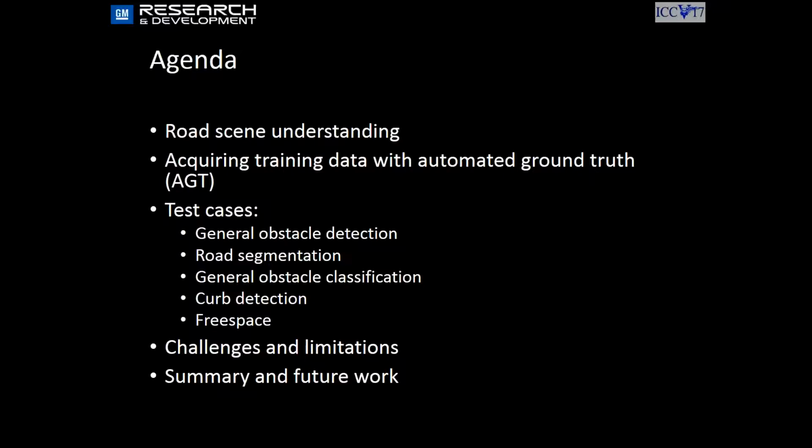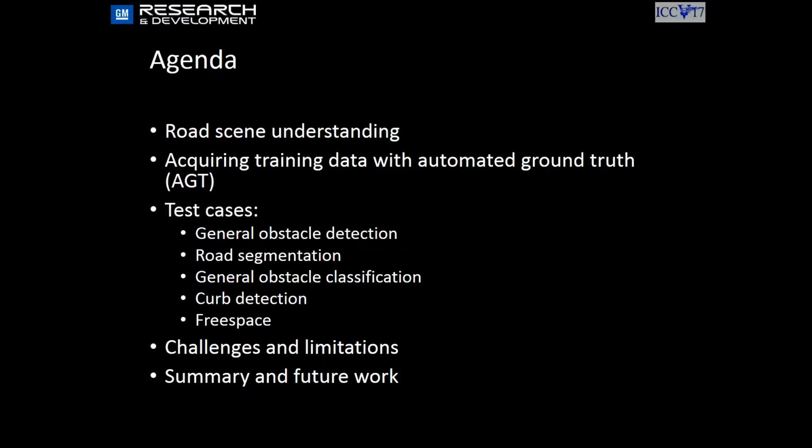What I will talk about today: I will first introduce what it means to do road scene understanding for autonomous driving. Then the main topic of the talk will be on acquiring training data with automated ground truth as a general approach.